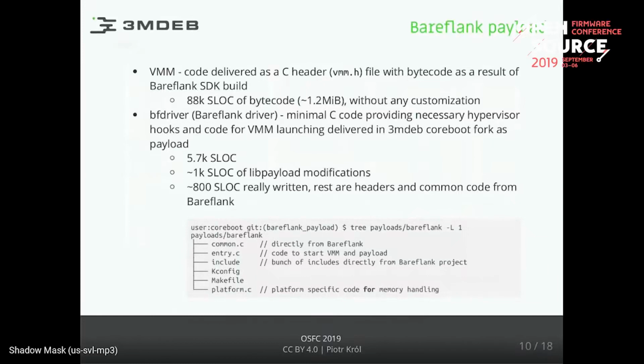You can say the heart of the payload, of which 1,000 lines of code are libpayload modifications to support 64-bit, and 800 lines are just copied from Bearflank because we need headers. Okay, because I'm a contributor for the EDK project, and before we needed to have Xen inside the SPI flash because of constraints, and with kexec being modified and everything, we don't need to do that. But Xen was in.